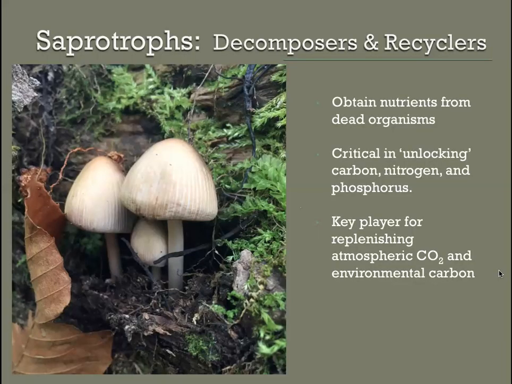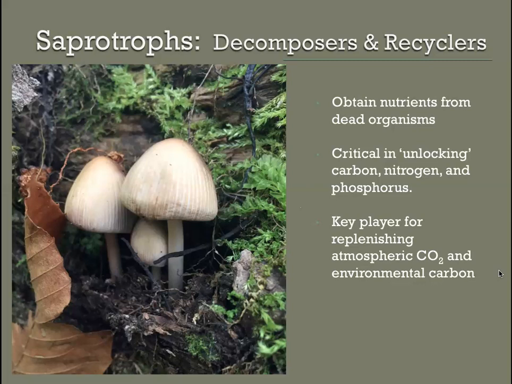Now, we can break fungi down into a few different categories as far as their ecological roles. Like the image before, and this organism here, this Coprinus genus, they are decomposers and recyclers. We can call them recyclers, I suppose.